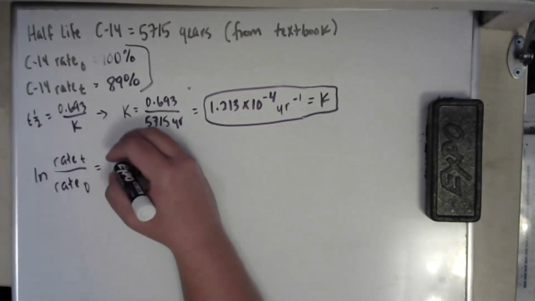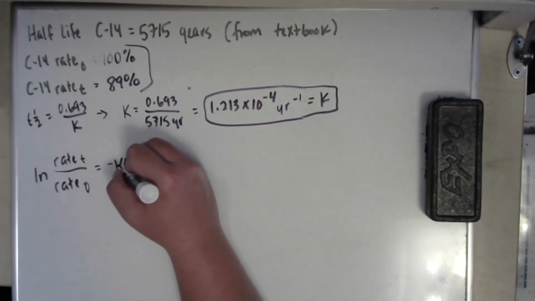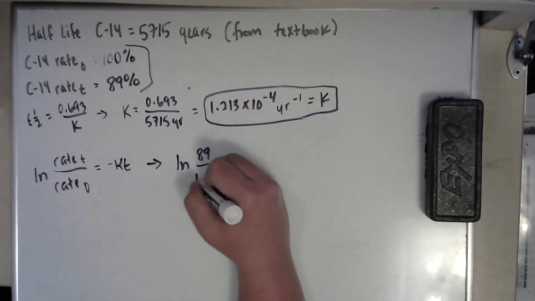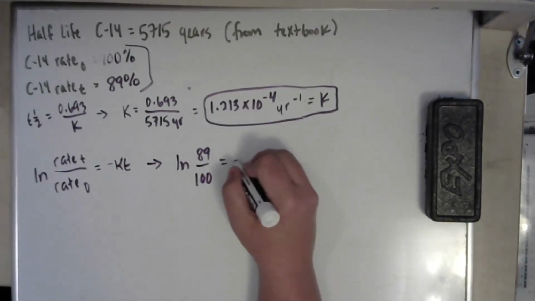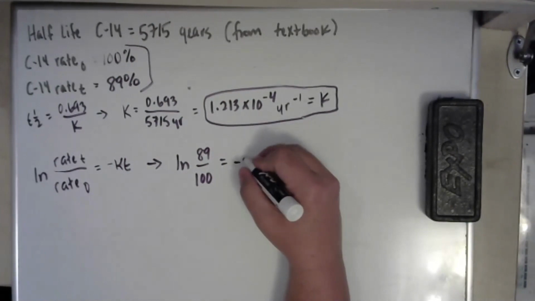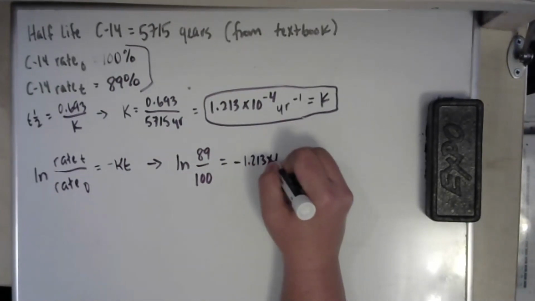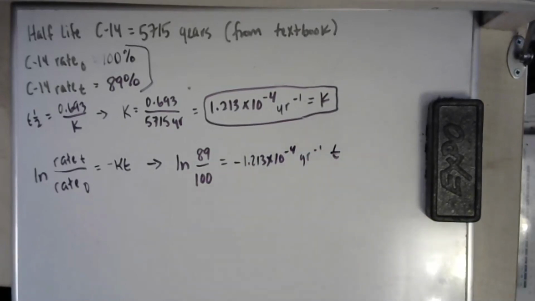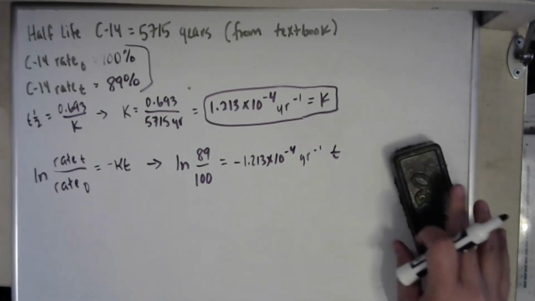So in this case, we're going to take the ln of 89 over 100 equals minus kt. Okay, and we're going to see how old this scroll is. If it's really from 500 BC, it should be like 2,600 years old. 2,500 and change. So not quite 26, but close.